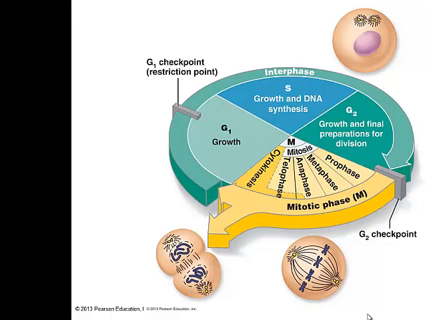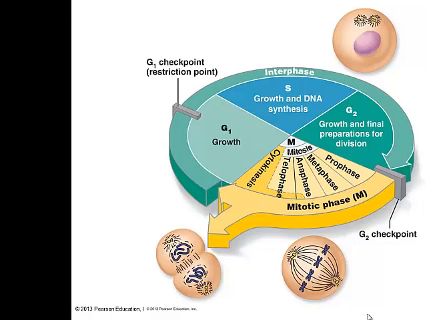So, during the S phase of interphase, I'm going to make a copy of all my genetic material. Now that I have 2 copies, I'm ready to make 2 cells. Then we go into, after the G2 phase, and this is where I kind of proofread all the copies I made, make sure they're good.